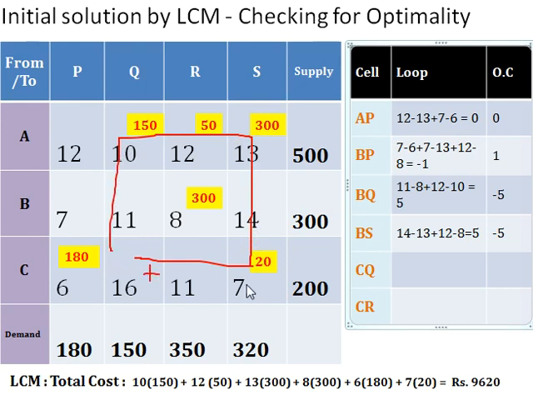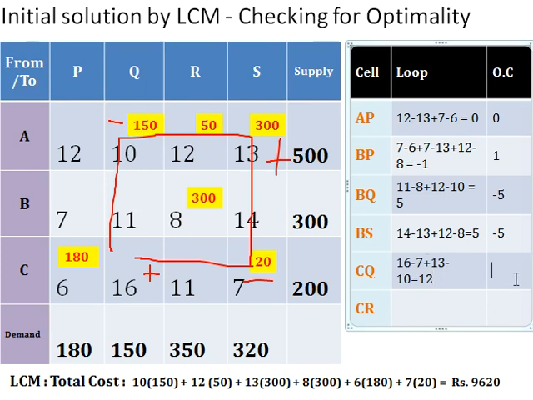Okay, so plus, minus, plus, minus. So as we can calculate again, 16 minus 7 plus 13 minus 10, and that will be equal to 12. Okay, so opportunity cost is minus 12.